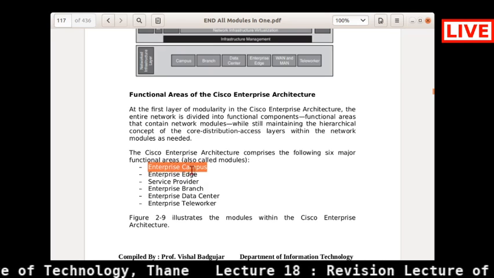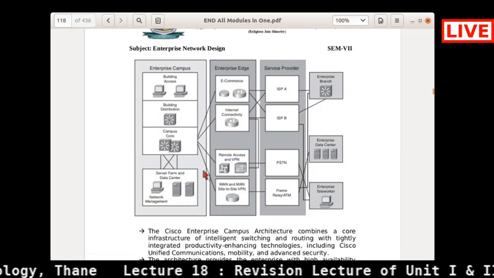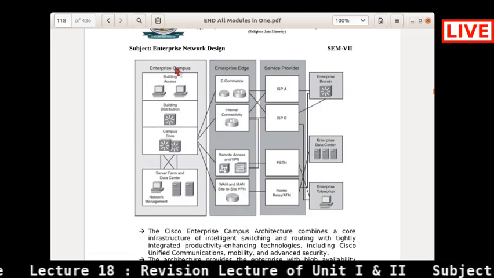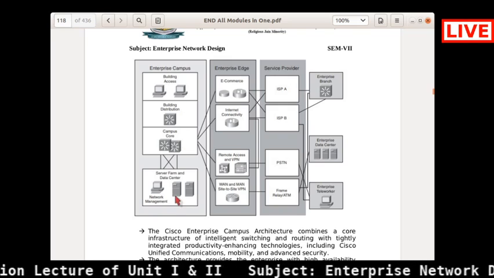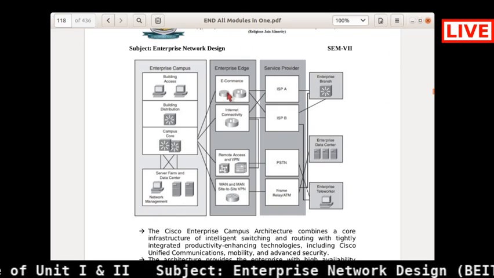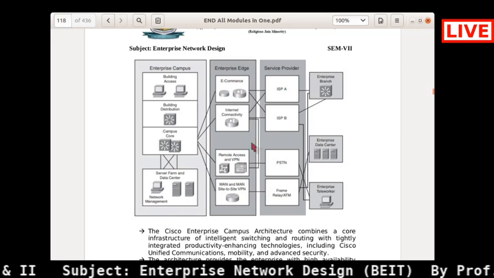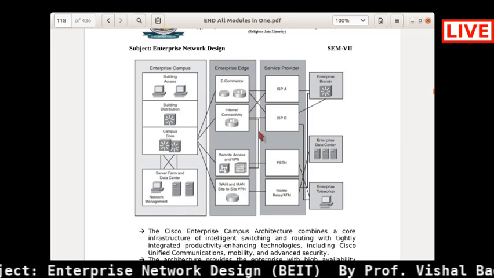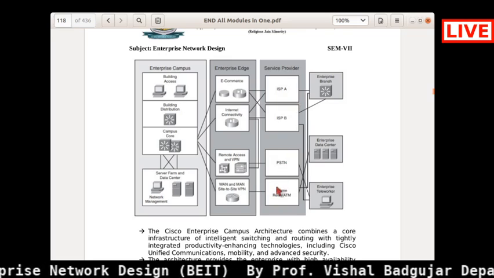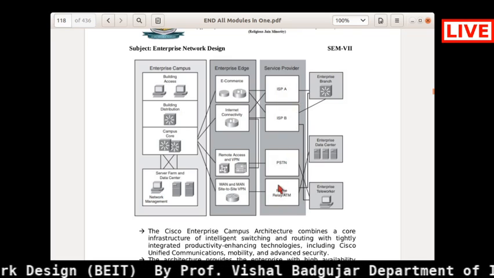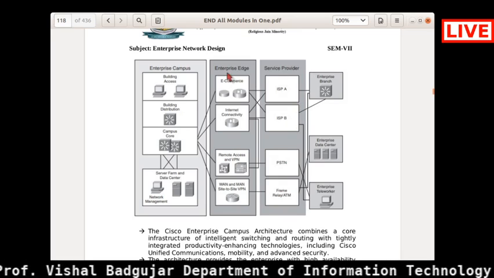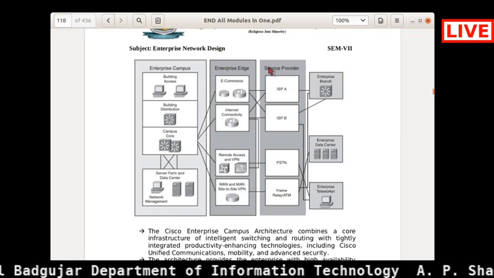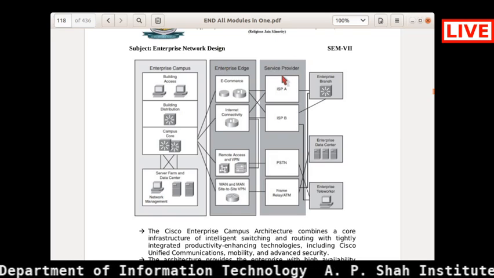For example, if we consider the enterprise campus in the diagram below, the enterprise campus undergoes into access, distribution, campus, right, and server farm as well. Then the enterprise edge undergoes into e-commerce, internet connectivity, remote WAN, MAN, and the service provider undergoes into ISP, PSTN, frame relay, ATM, right? So likewise the question can be asked: what are the different sub modules under this enterprise edge? What are the different sub modules under this service provider, right?